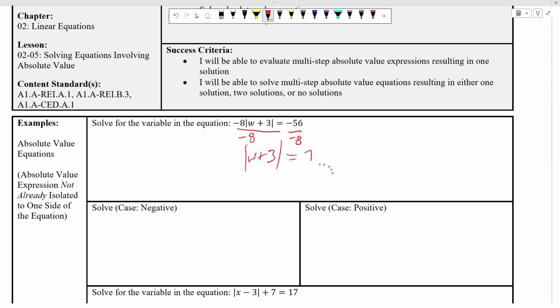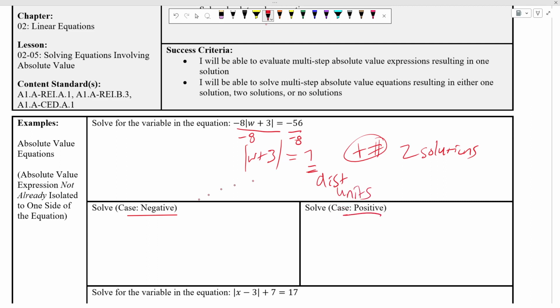We recognize the form that it is in. The form that it is in is that it equals a positive number. Thus, we're going to have two solutions. We have to evaluate these 7 distance units going toward the negative direction, and going toward the positive direction.